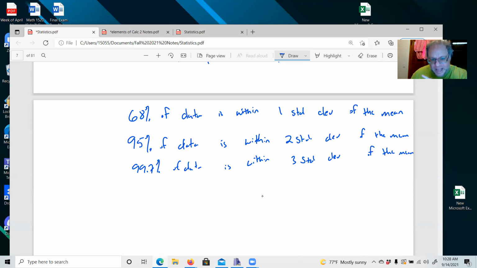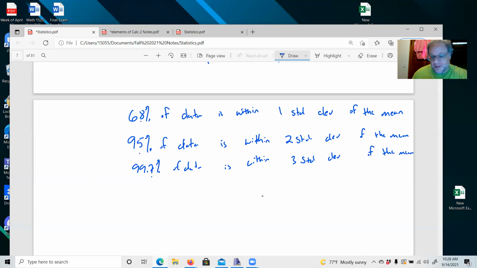So what we're saying is the further away you are, the less likely it's going to be. The group of things centered around the mean is most of your data, and there's very little that's outside of it. If I look at 2 standard deviations within the mean, there's only 5% that's outside of that interval. For 3 standard deviations of the mean, there's only 0.3% outside of that interval.